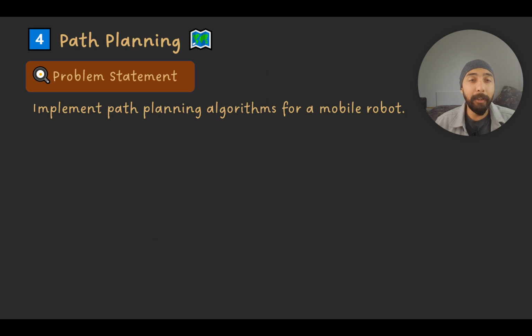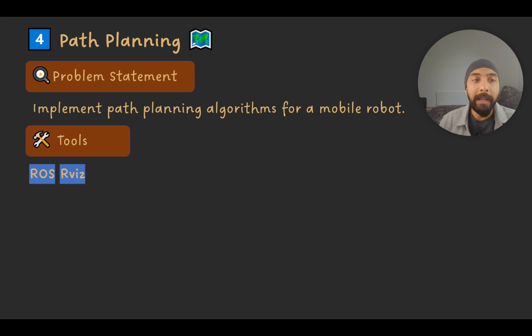The next project is essentially now dealing with path planning, and the goal is to implement path planning algorithms for a mobile robot. And all of these projects, let me point out, are designed to work in simulation. If you have some hardware with you, then of course that is very nice, but you do not need to.